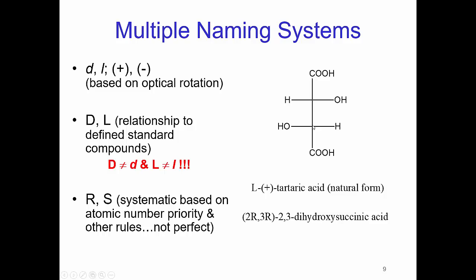And that's what we have with the Cahn-Ingold-Prelog system, which is part of IUPAC and used for chemical naming. And that gives us these R and S configuration determinations for these different positions. So that's our R and S system, formally known as Cahn-Ingold-Prelog, for the people who determined and came up with the rules for this system.